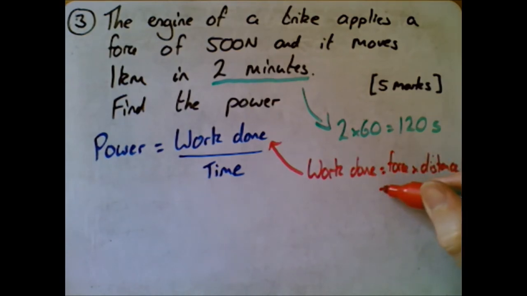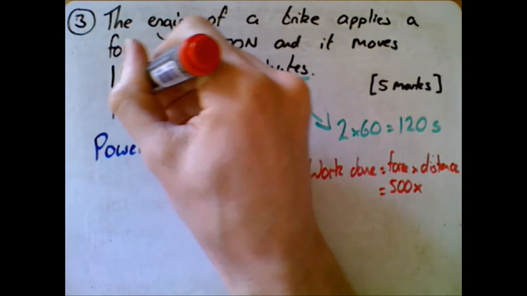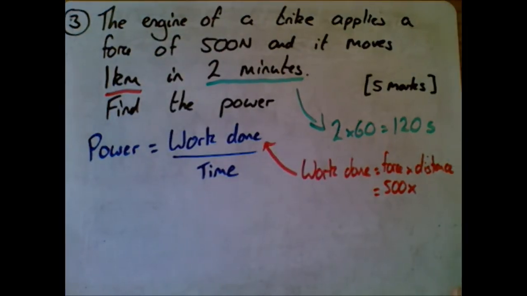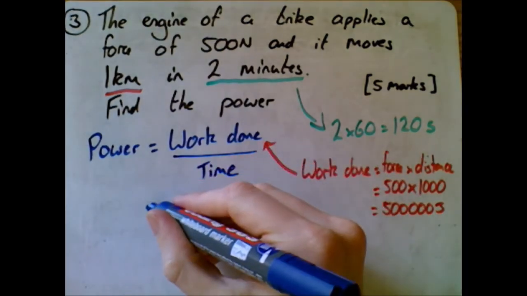So work done is force times distance. Force is 500 times the distance. Well, again, I hope you've noticed there 1 kilometre. So the distance is not 1, the distance is 1,000 because it's 1,000 metres. So 500 times 1,000, and that gives me 500,000 joules. So if we go back up here, power is work done divided by time.